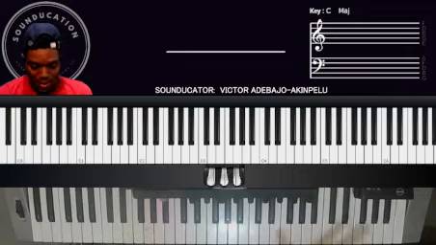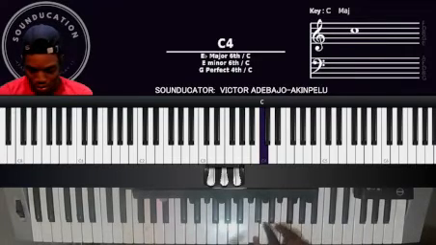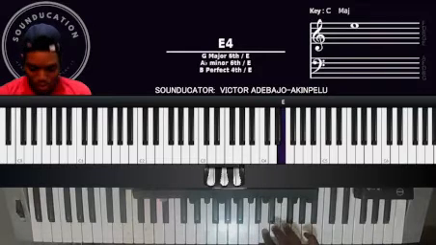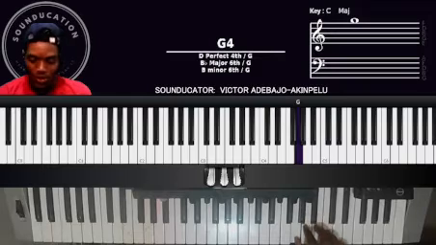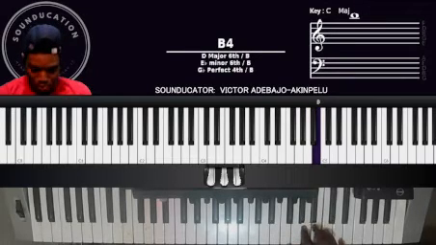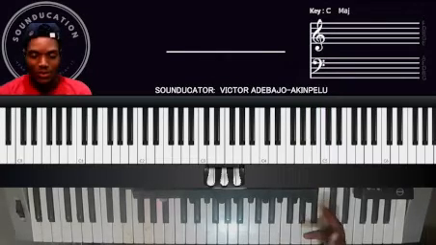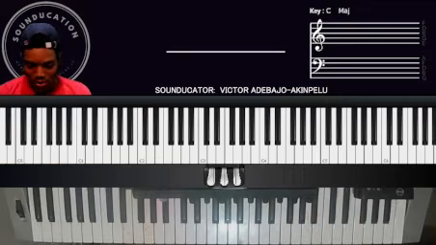Right? Easy and short. Start from here. So the next one is this: tone, tone, semitone, tone, tone, tone, semitone. Right? That is your major scale.